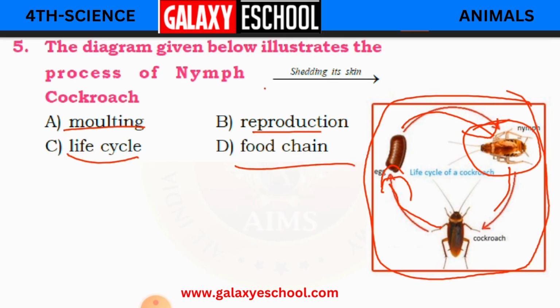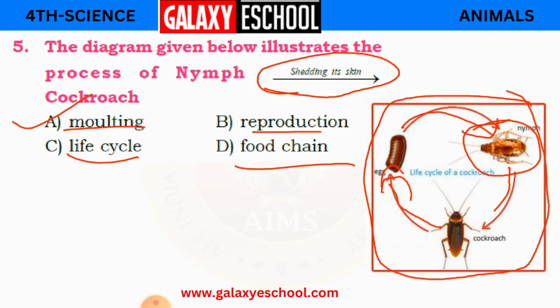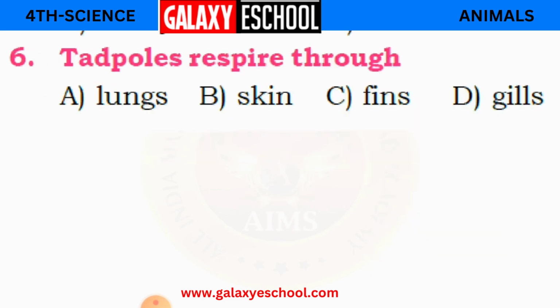We have to identify this one, that is shedding its skin. What is it called? It is called molting. Okay children, molting. Clear? The process of shedding its skin by any insect for becoming an adult insect is called molting. Now children, this is the 6th question.